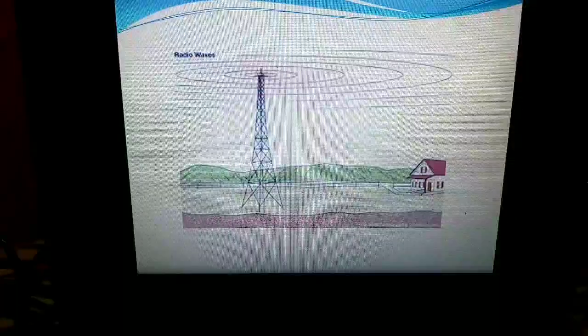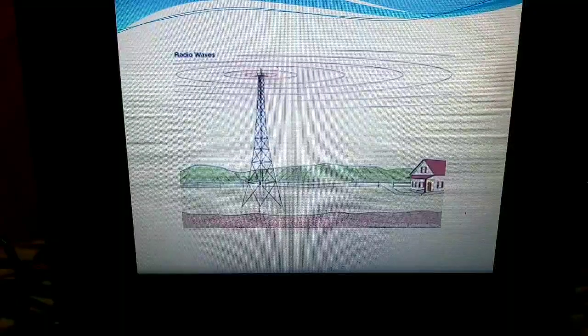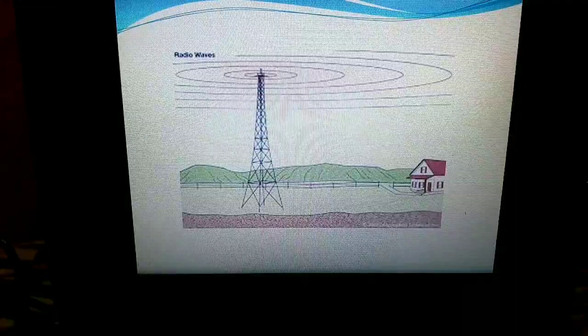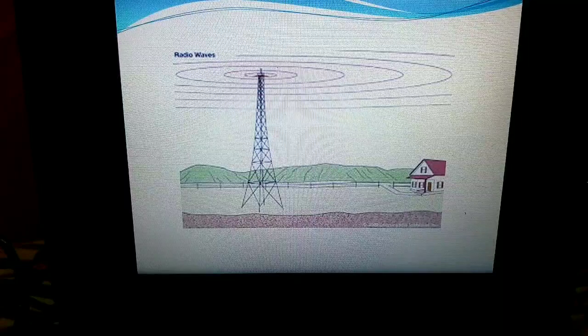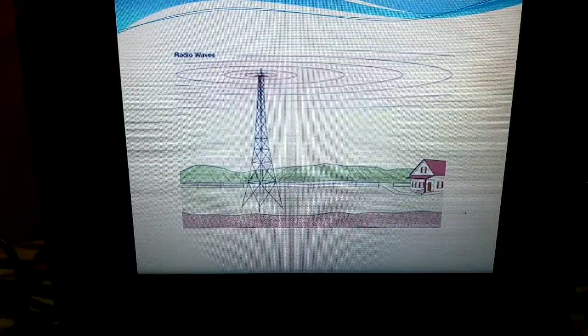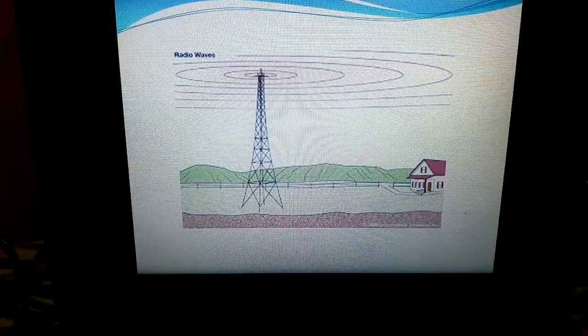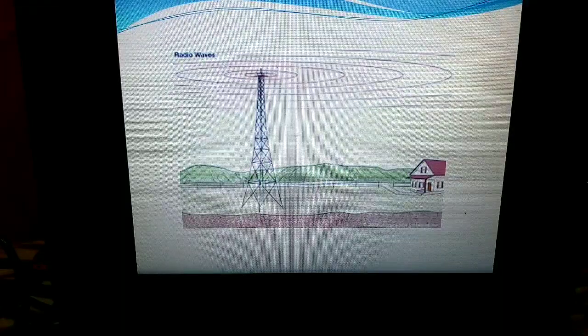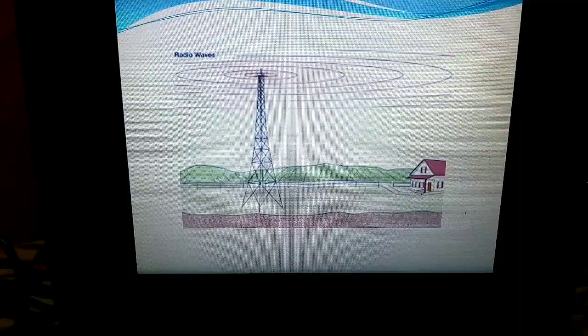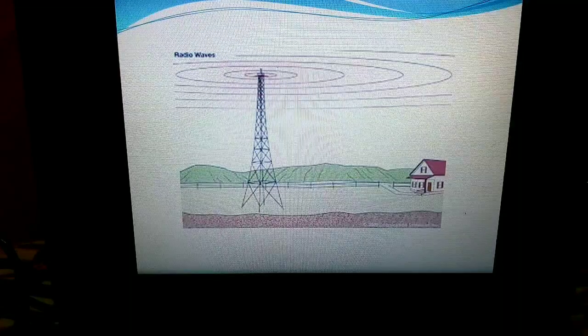Now let us study unguided media. Unguided media means the medium we choose to transmit your data from source to destination would be the air, the sky, as the propagation medium. Examples of unguided media are radio wave, microwave, and infrared rays. So let us study the radio waves.